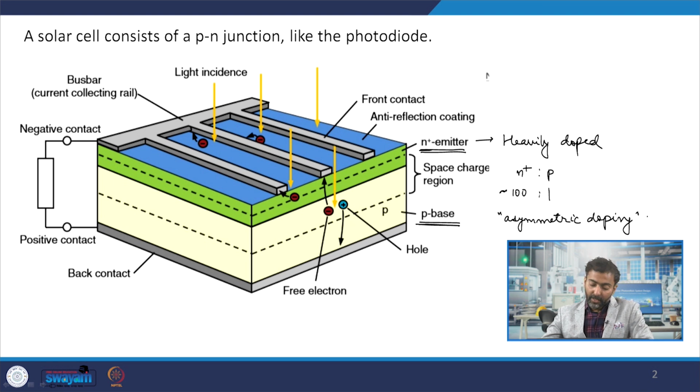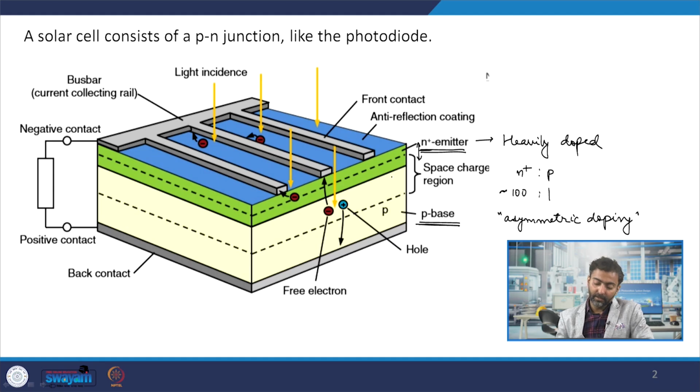And as a result of that, what you see in the structure of the solar cell is that your n plus side is of a very small magnitude. The depth of the n plus side is much lesser as compared to the depth of the p side. And similarly, if you look at the p-n junction, the junction is formed here between the dashed lines. So you have the p-n junction a little bit on the n side and much more on the p side.